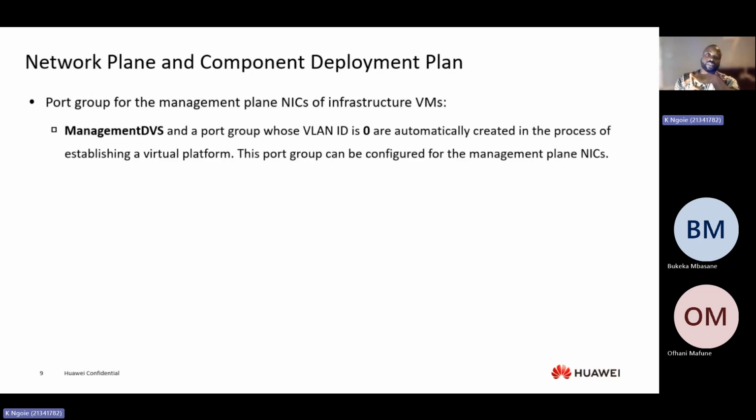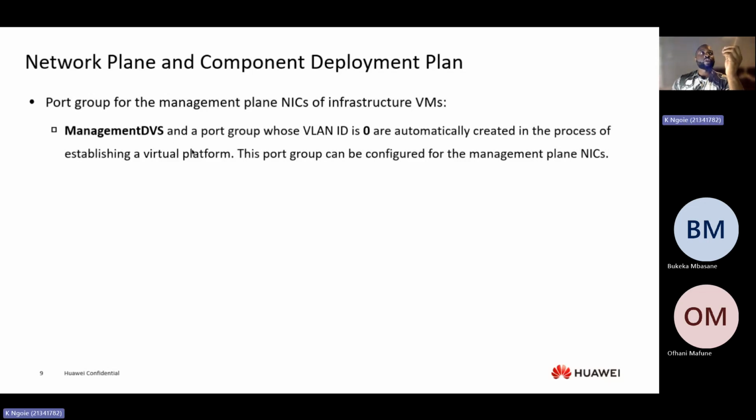This depends on the scale and the security requirements of the system. When we think of the service plane and the management plane, these planes will belong to the same network segment.